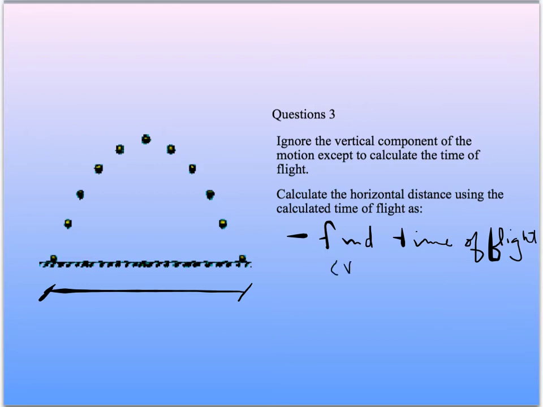That's happening in the vertical. And then, over that time, it's traveling horizontally at its initial v. We can find delta d in the x being equal to v delta t.